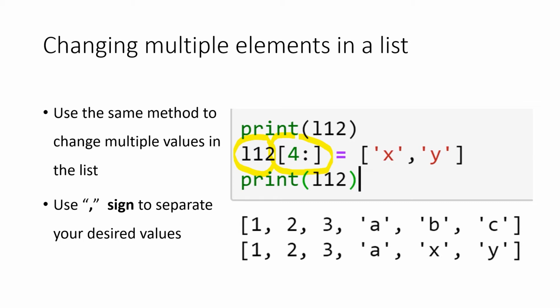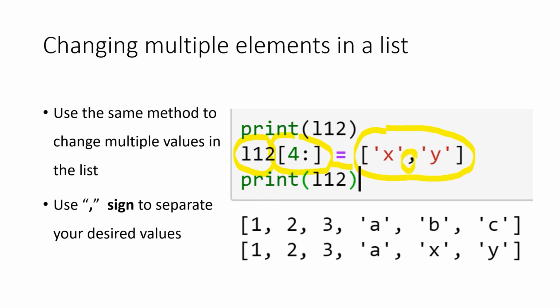And then we use the equal sign to address our two new values. In this case, we have to put them in square brackets, and it would be the string x and the string y. And we separate each element like we do it in lists with a comma.